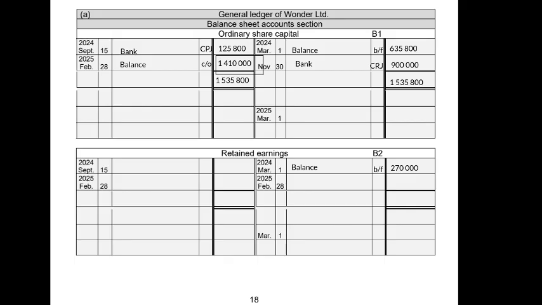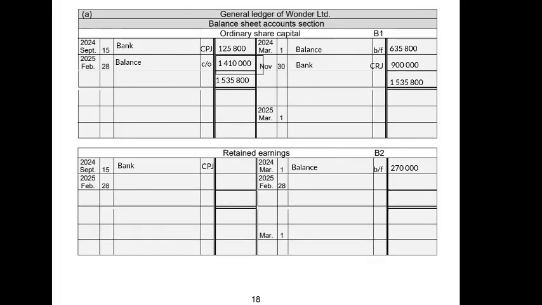So we're going to go to our CPJ. So we'll write bank. Cash payments journal. And the amount is then 37,000 times 80 cents, which is 29,600.